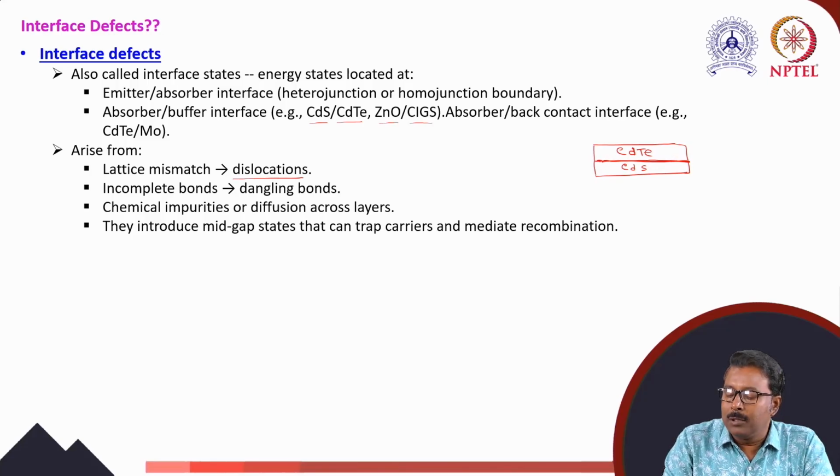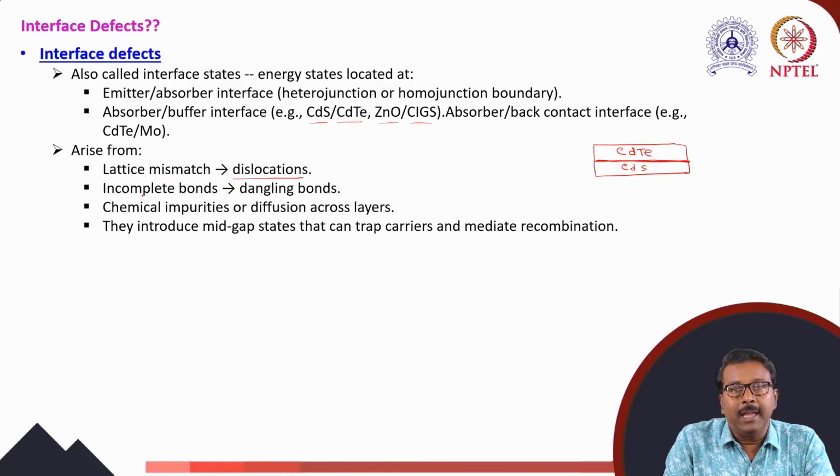At the interface there will be two different types of lattice constants. In the bottom side there is the lattice constant of cadmium sulfide, and the top side there will be the lattice constant of cadmium telluride. So due to the difference in lattice constants, there will be a force between atoms of the two layers, and that force ultimately creates some extra energy states at the interface. So these interface states basically may arise from the lattice mismatch between two different materials.